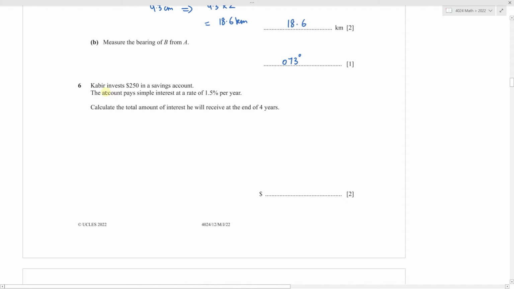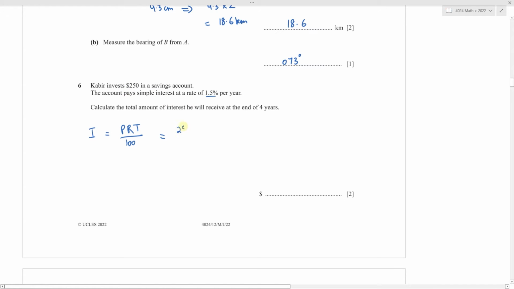Question number 6. Kabir invests $250 in a savings account. The account pays simple interest at a rate of 1.5% per year. Calculate the total amount of interest he will receive at the end of 4 years. So you know the formula for simple interest is principal times rate multiplied by the time duration divided by 100. So let's substitute the values here.